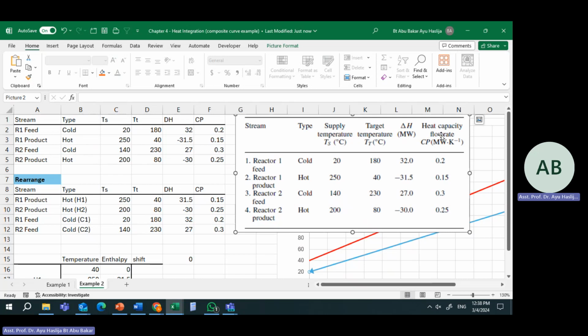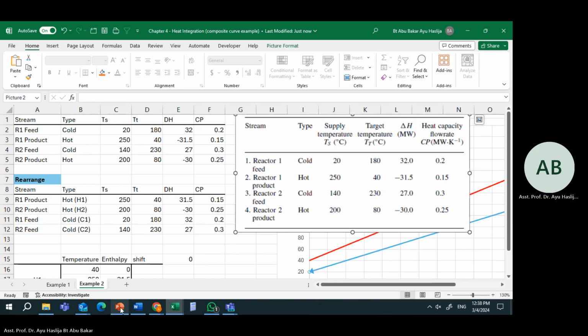CP here is the heat capacity flow rate. Now, to generate the composite curve for all streams, as I mentioned in the previous class, do the hot stream first.